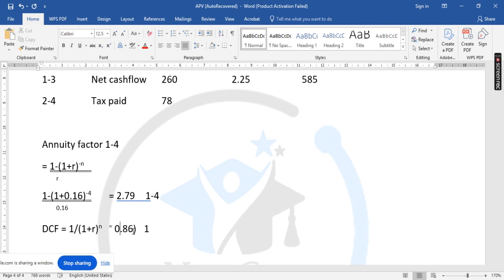So 2.79 minus 0.86, what do you have? 1.93. And that is the DCF from 2 to 4.